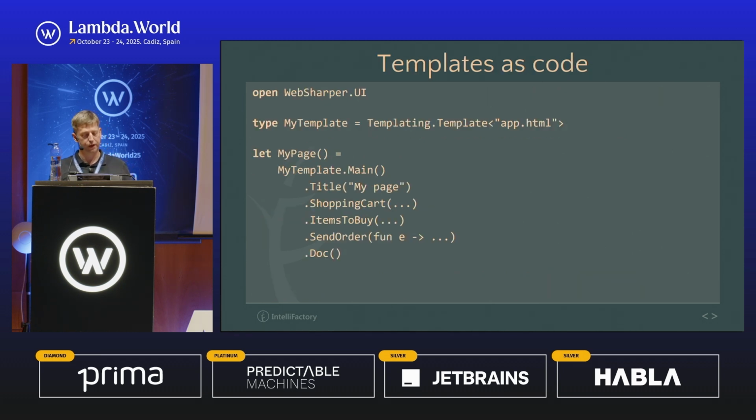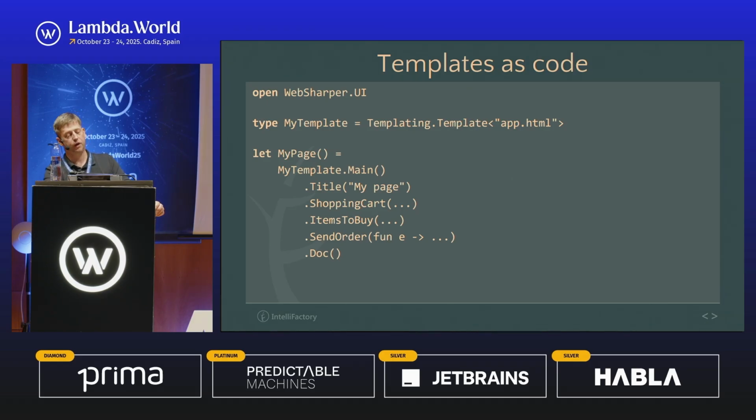All right, so now let's talk about the templating. This is what it looks like. So we have a type provider. Some of you are F# developers, so you may have heard about type providers. These are some metaprogramming capability, but instead of generating source, they actually generate assemblies dynamically during compilation.